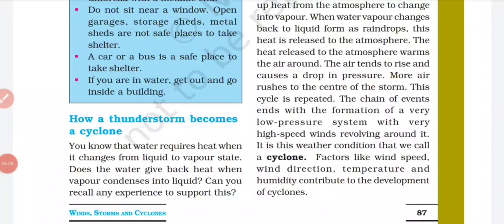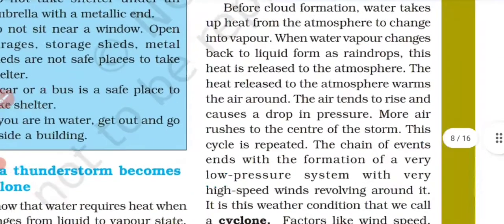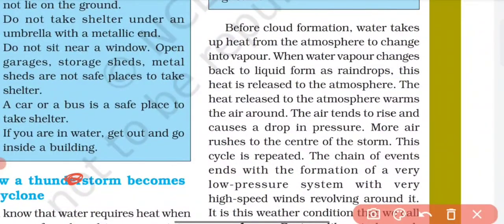Now, how does a thunderstorm become a cyclone? That means whenever thunderstorms occur, how is it converting into a cyclone? For this, we should first understand that when water gets heat, it converts into water vapor. At height, it forms clouds, and when these clouds are raining, the droplets release heat.